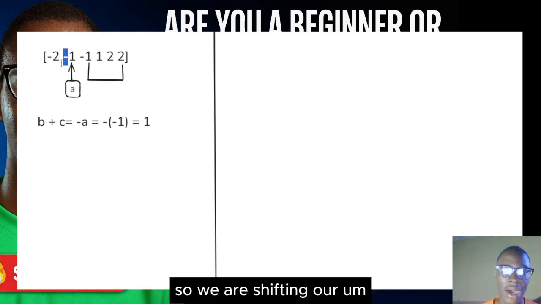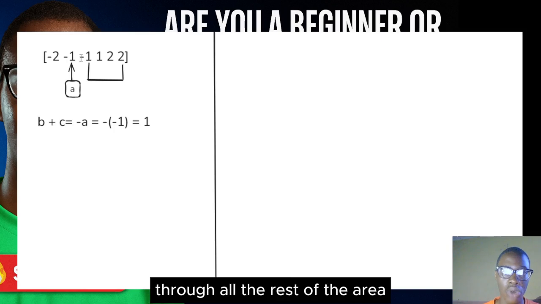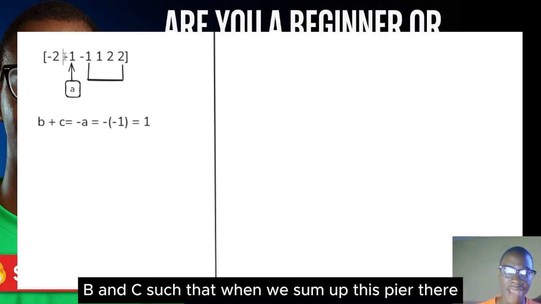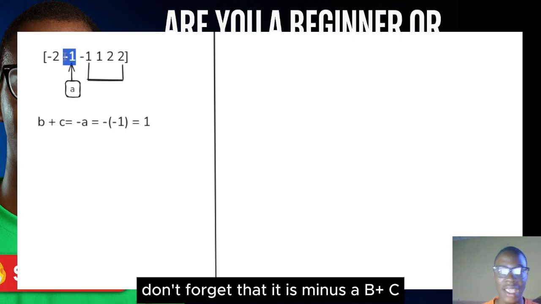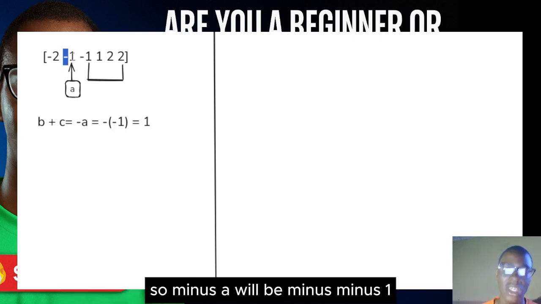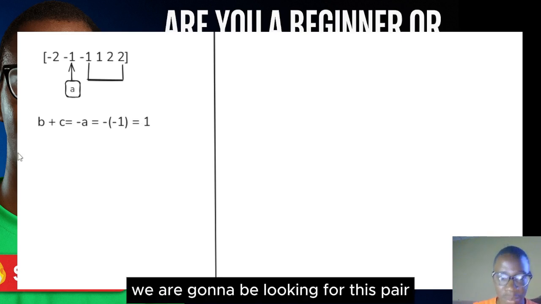So we are shifting our focus to the second element -1 now, and we are going to be checking through all the rest of the array to find a pair B and C, such that when we sum up this pair they will give us -a. Don't forget that it is -a. B plus C will equal -a, and A in this case is -1, so -a will be 1. So we are going to be looking for a pair that will give us 1.